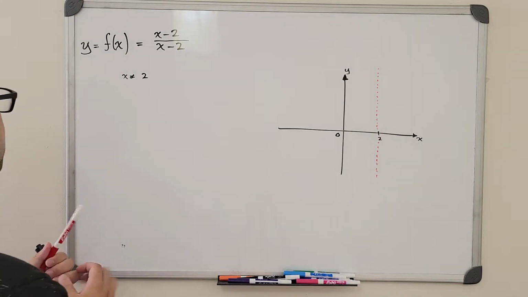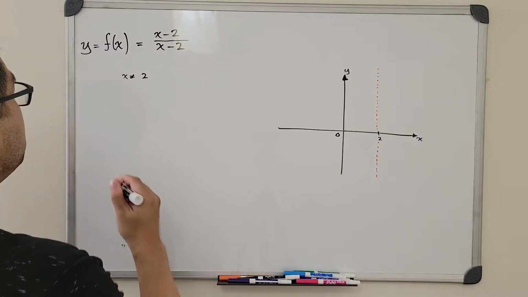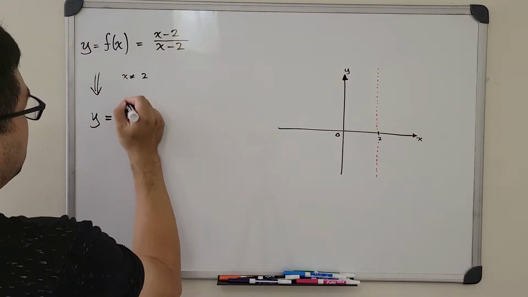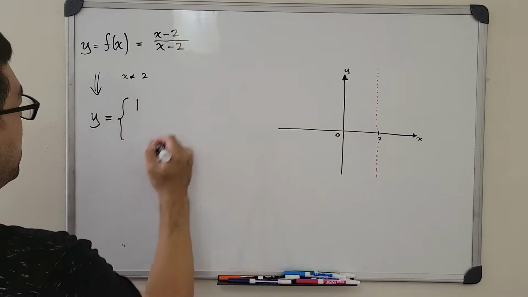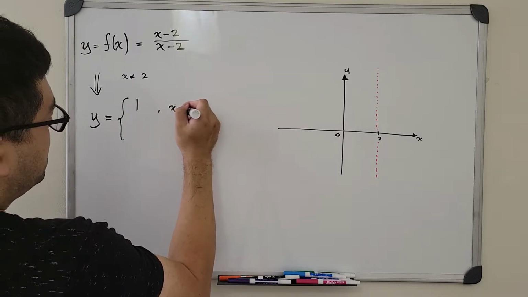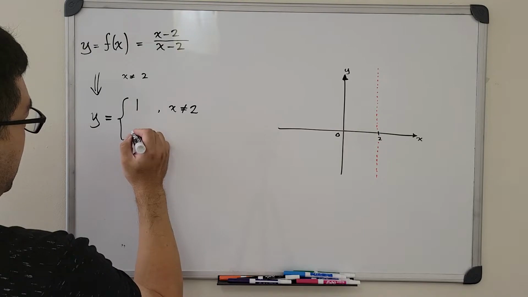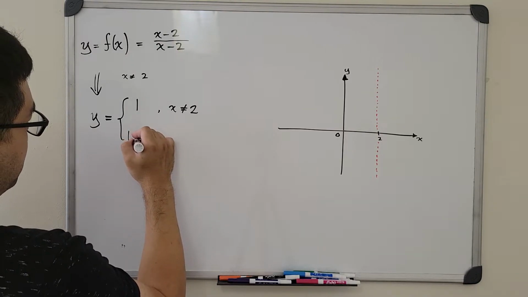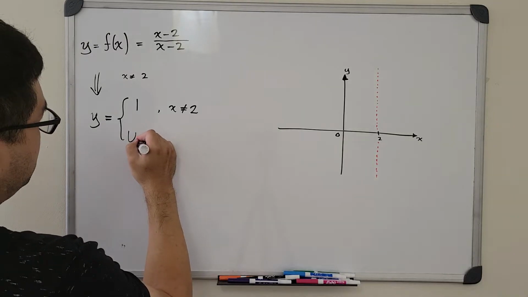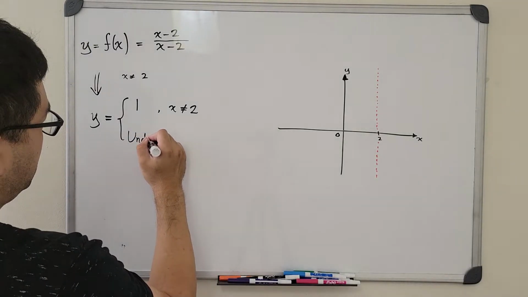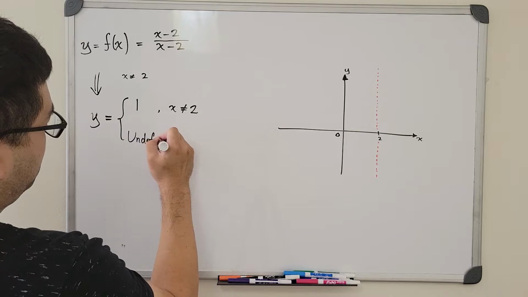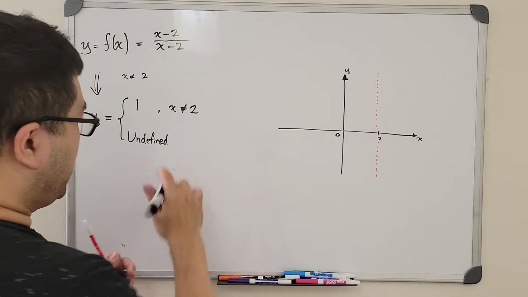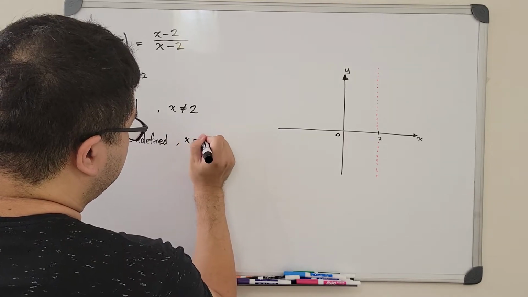Which means we can now rewrite this function as y equals 1 when x is not equal to 2, and it is undefined when x is equal to 2.